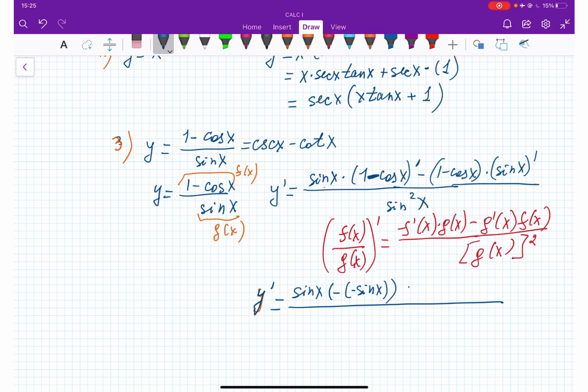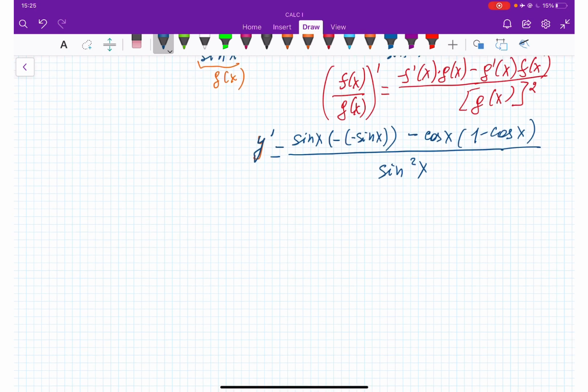Minus. How much is the derivative of sine x? It's cosine x, right? So cosine x times 1 minus cosine x, and divided by sine square x. All right. So the result is going to be sine square x positive, minus cosine x and plus cosine square x, over sine square x. Now look what I have here.